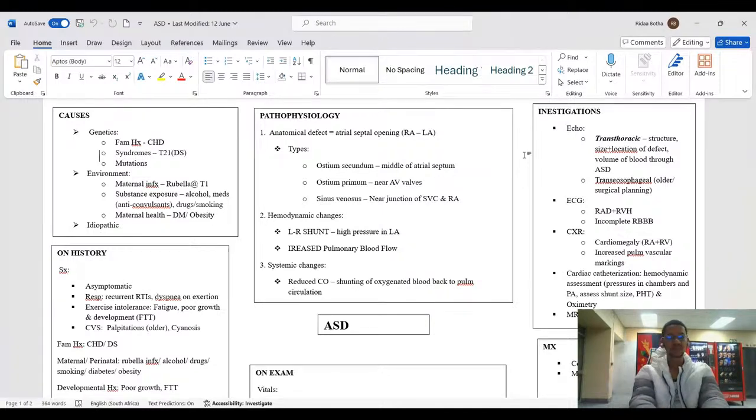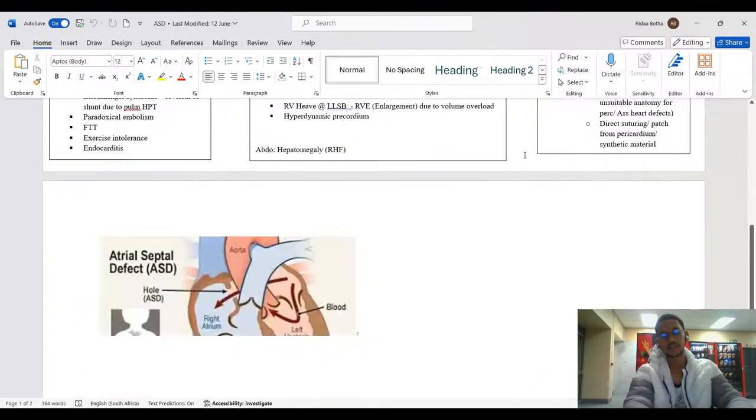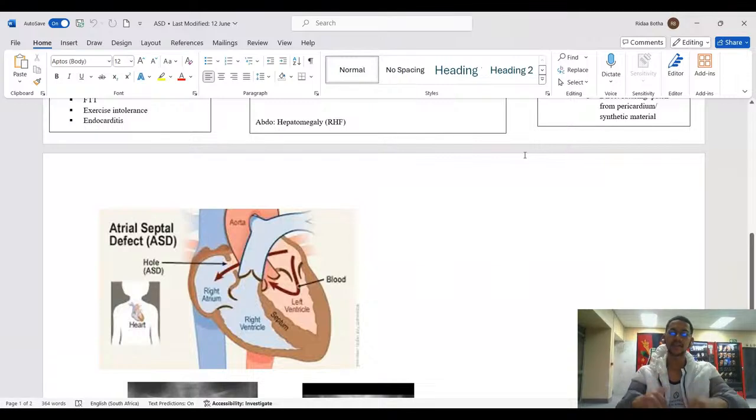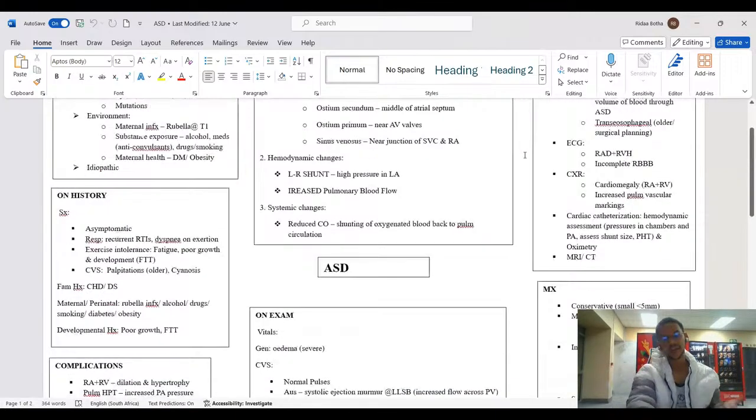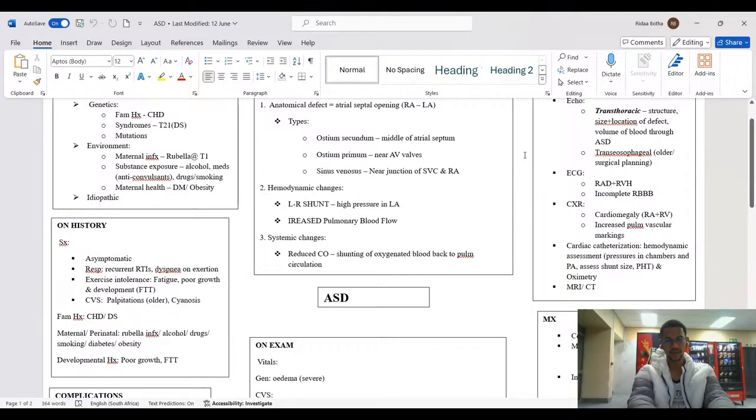Systemic changes include a reduced cardiac output because of the shunting of oxygenated blood back to the pulmonary circulation. As you know, that oxygenated blood comes from the lungs to the left atrium, but now that oxygenated blood goes to the right atrium, there's less blood going to the left ventricle and less oxygenated blood goes via the aorta. So less volume of blood means a less cardiac output.